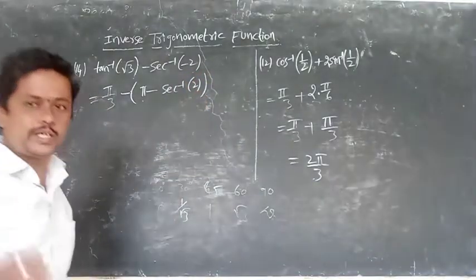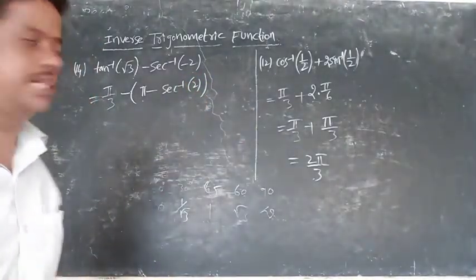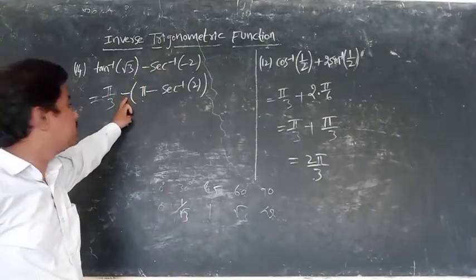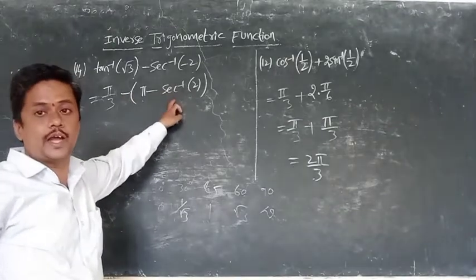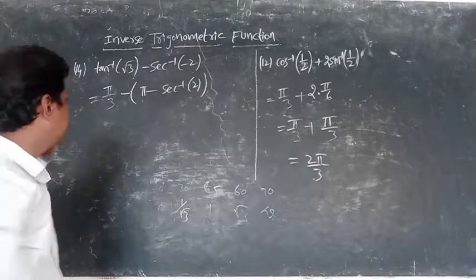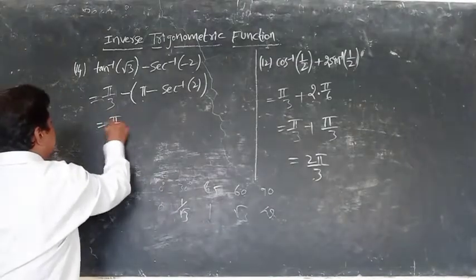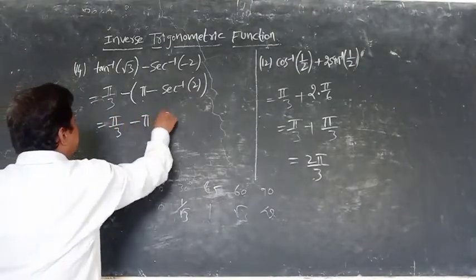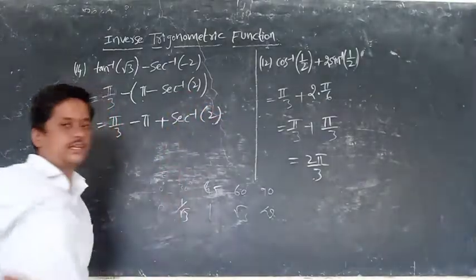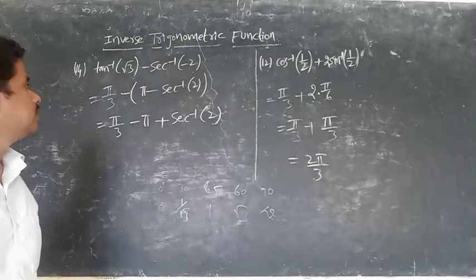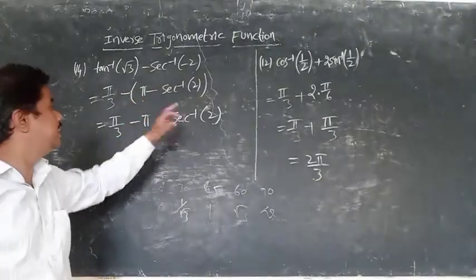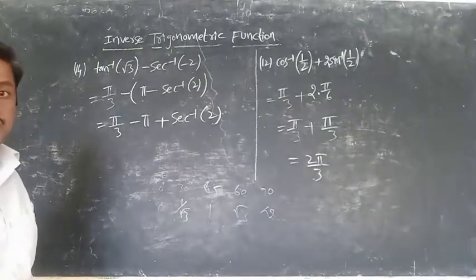Some students make a mistake here: the minus sign applies to both terms, so we have to simplify with both. So pi by 3 minus pi plus secant inverse 2.